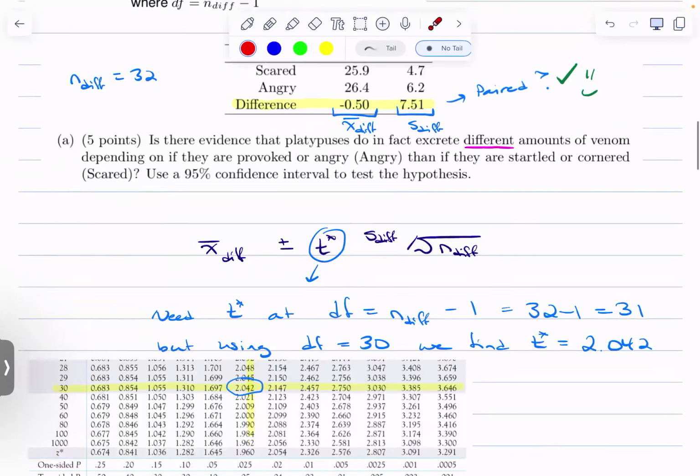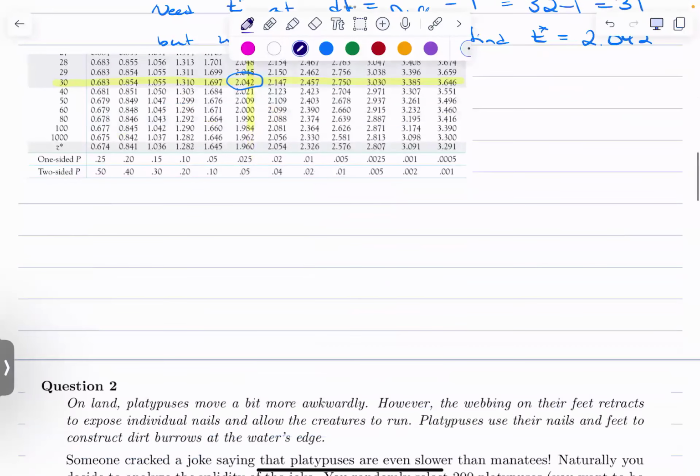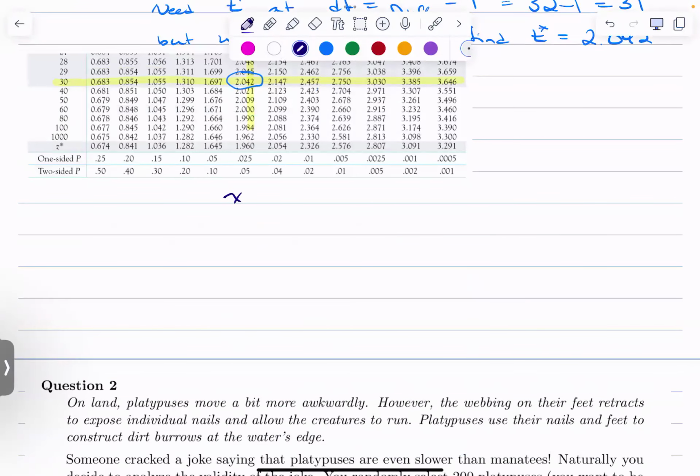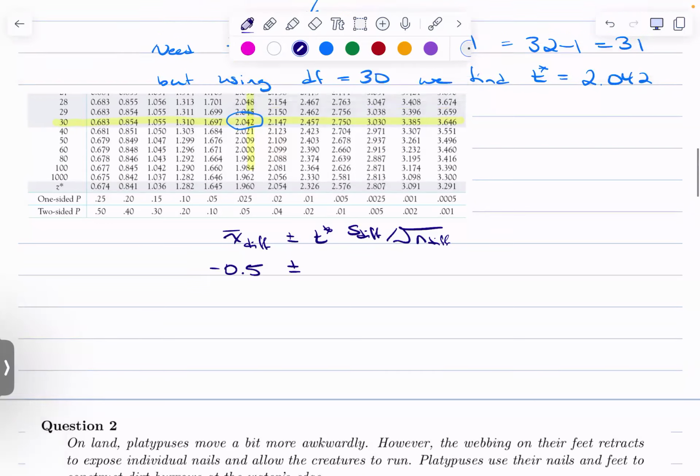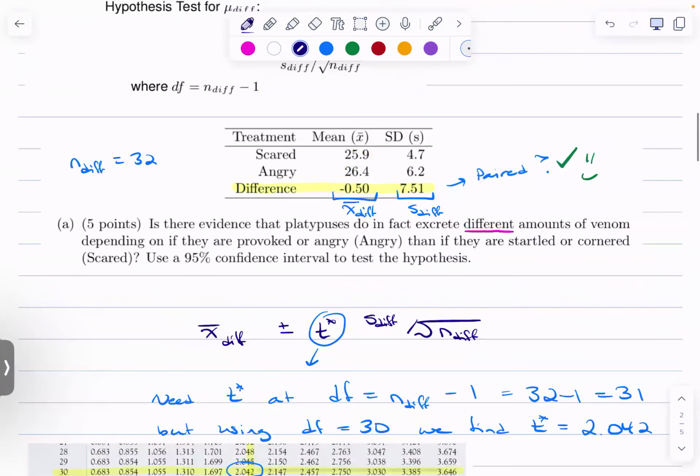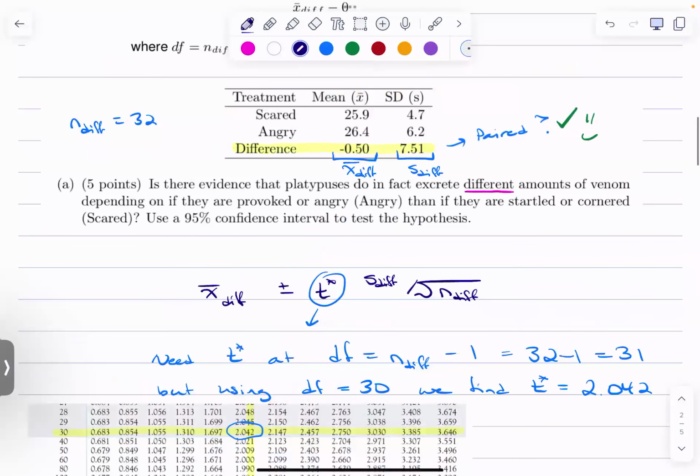Now we're ready. X bar diff plus minus T star, I'll just rewrite it here, times S diff over the root of N diff. Sloppy, but that's okay. I have these values. X bar of the differences, I think it was negative 0.5, good.